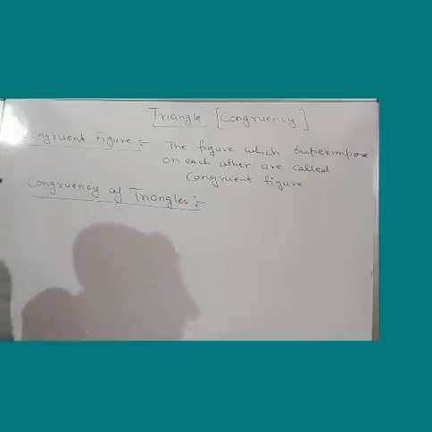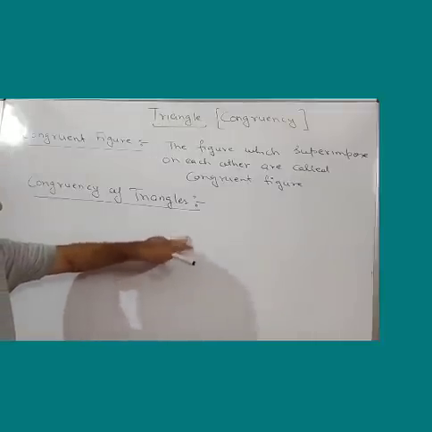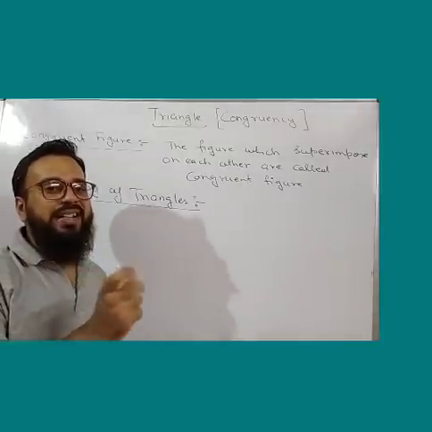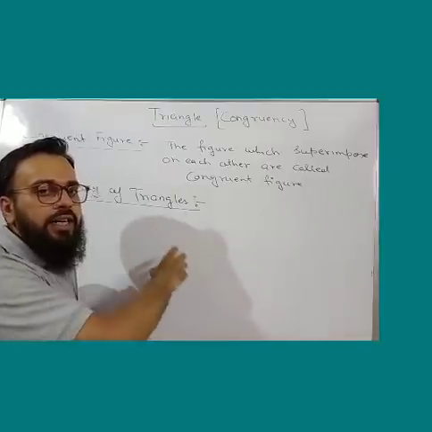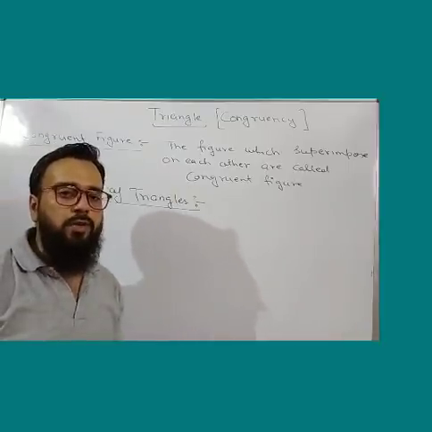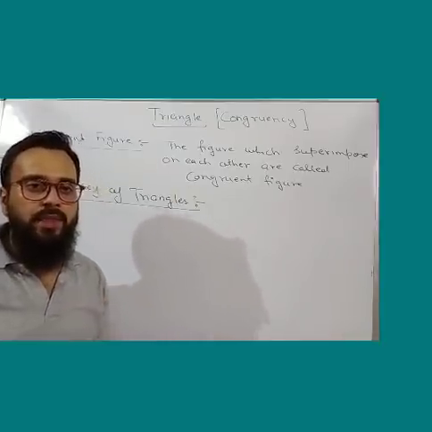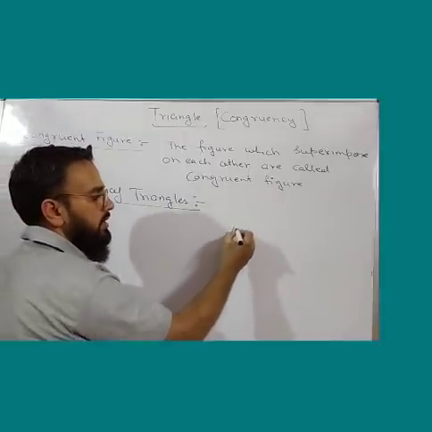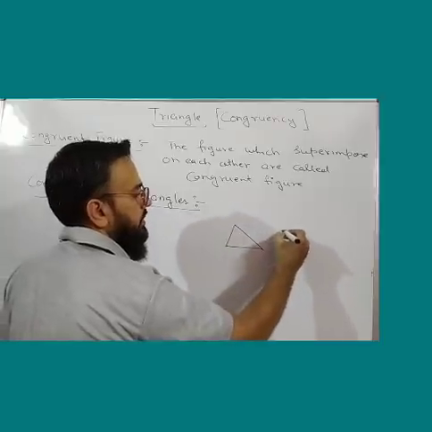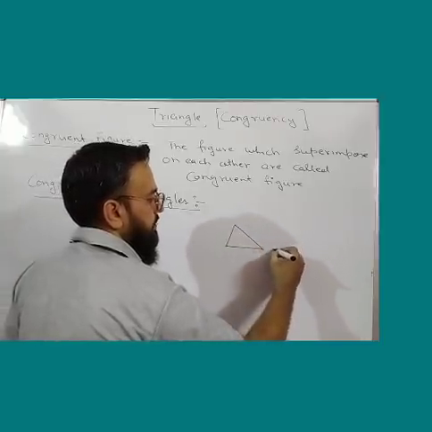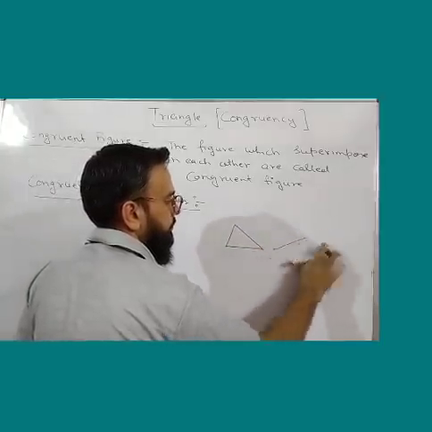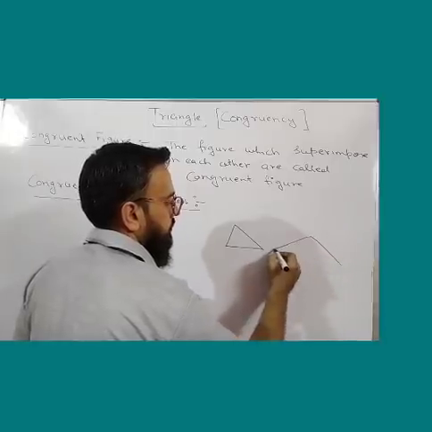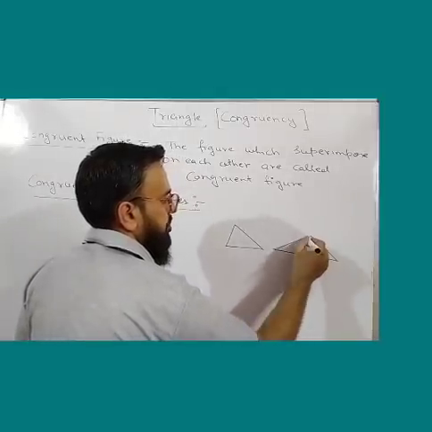Now when we talk about the congruency of triangles, one thing is that we can take one triangle and put it on another triangle, then both the triangles may be congruent. But it is a very difficult task, because if we are given any type of figure, any shape of triangle, suppose one is like this, another is given in this way, then how to check?